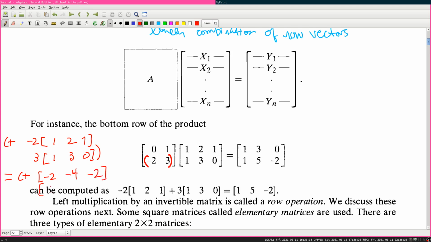I'm going to just draw over 3, 6. No, that's 9. 9, 0. And that will be, you just add component-wise, so that'll be 1, 5, and minus 2, which indeed you see is the bottom row here. If we did the same trick with the top row, we would get the top row.